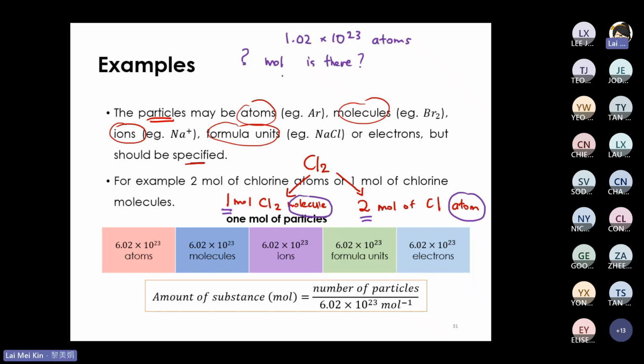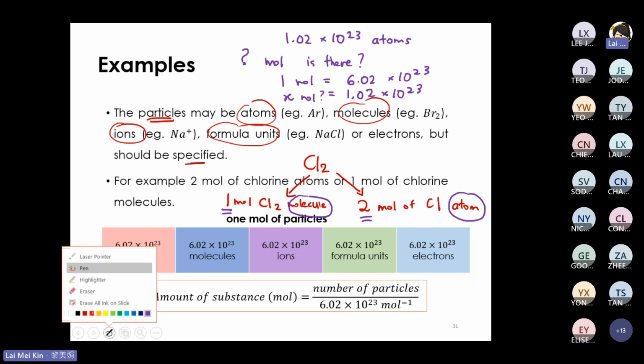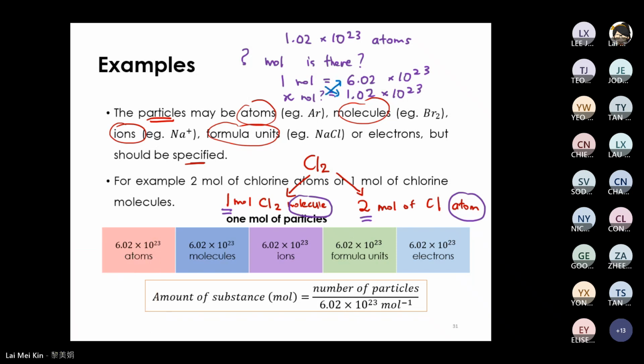You know that 1 mole is 6.02 times 10 to the power of 23. So if you have 1.02 times 10 to the power of 23, how many moles are there? Because you know 1 mole will have 6.02 times 10 to the power of 23. So if you have 1.02 times 10 to the power of 23, how many do you have? So you can cross multiply.